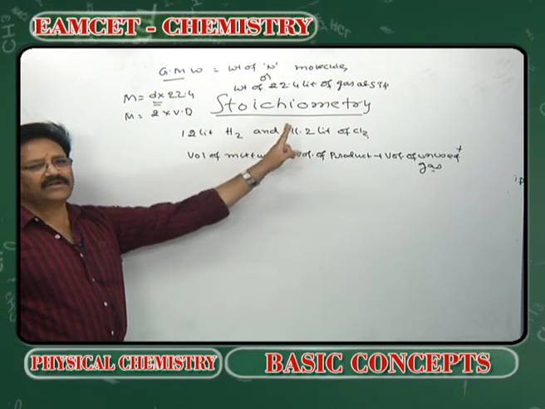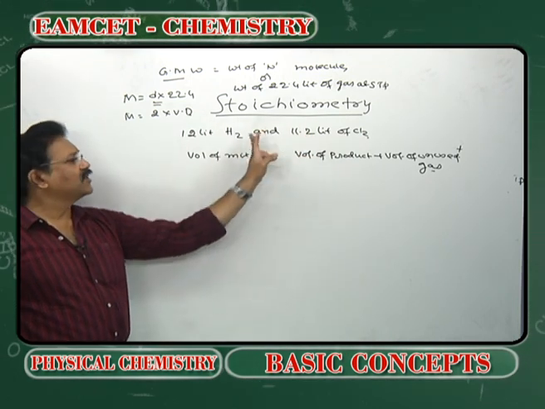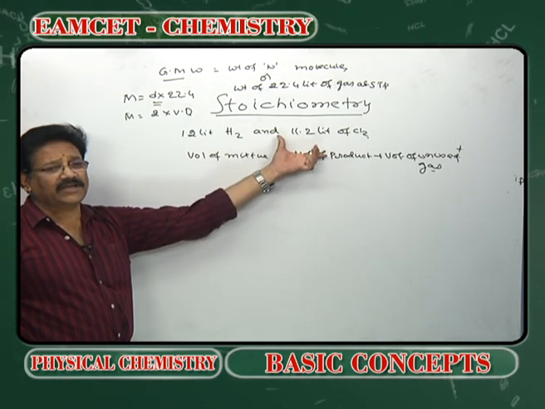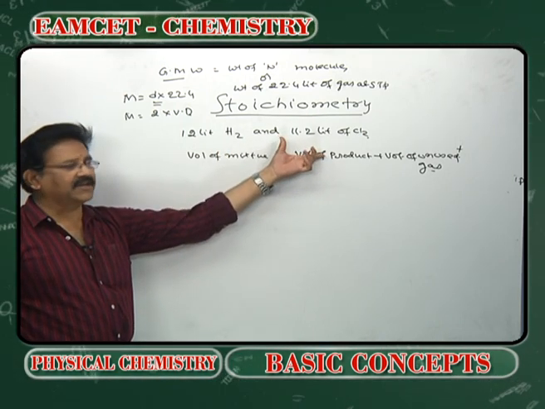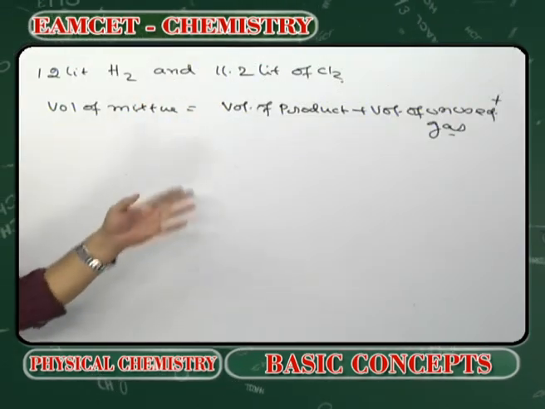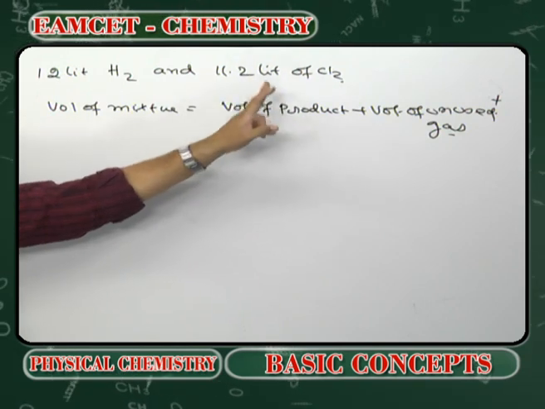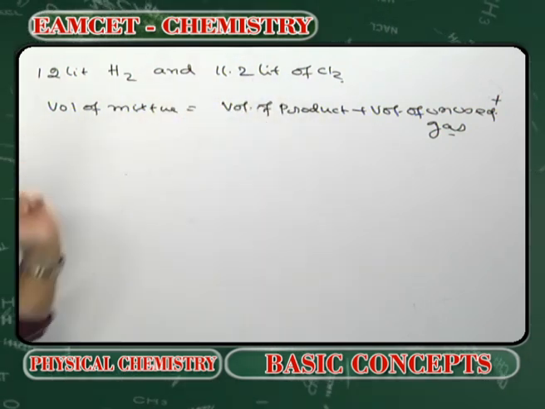When more than one reagent is under consideration, the first step is to identify the limiting reagent. The reagent which gets consumed totally in a reaction is called the limiting reagent.